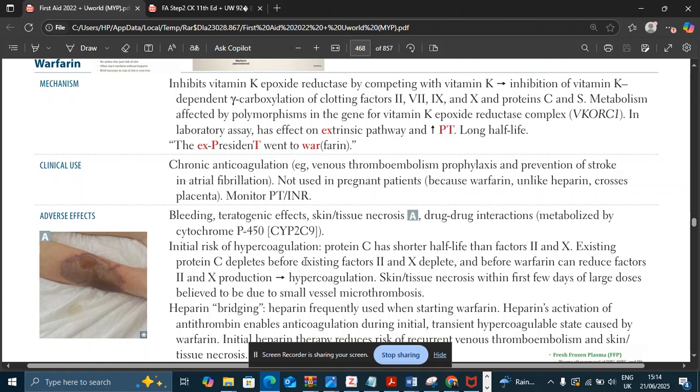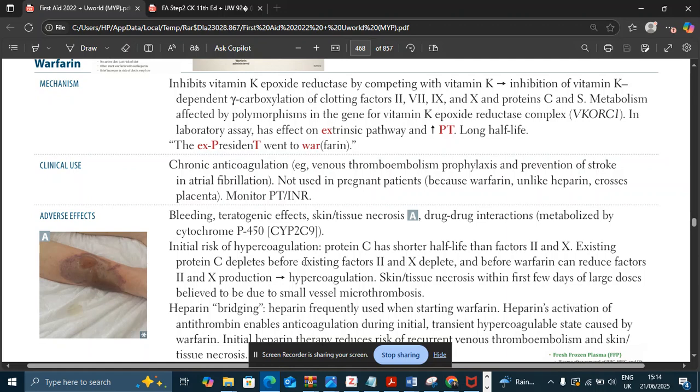Protein C and protein S are anticoagulant proteins, so their level would get decreased in the blood, and in comparison to protein C and S, the level of factor 2, 7, 9, 10 would get high in the blood. And factor 2, 7, 9, and 10 are procoagulant.